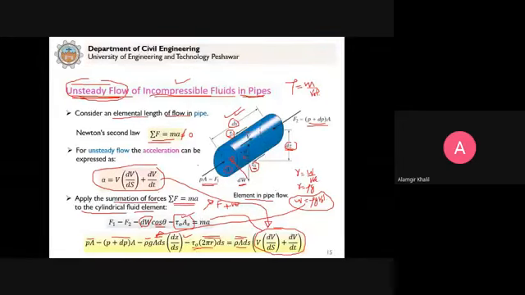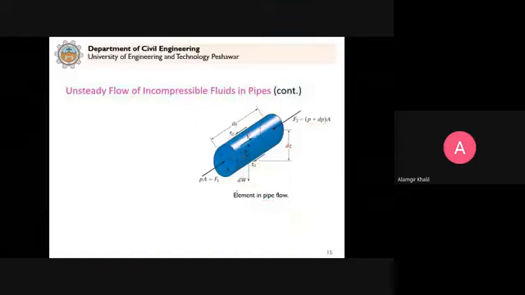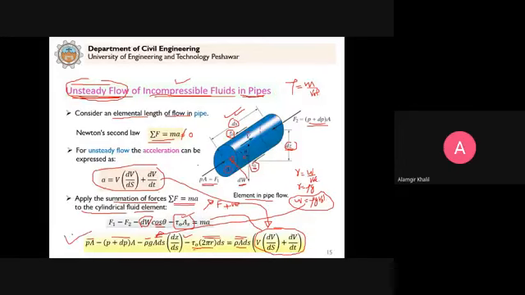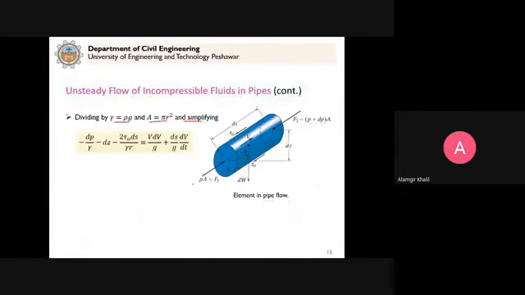Now we try to simplify this equation. So dividing by gamma and area, you put pi r square and simplify the above equation, we will get this equation. Now we note that V dV, which is written here, can be written as half into d of V square. How?